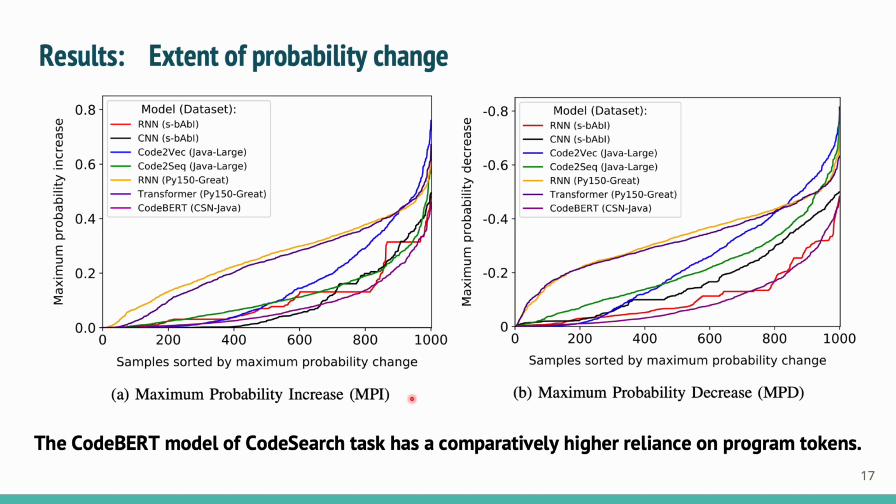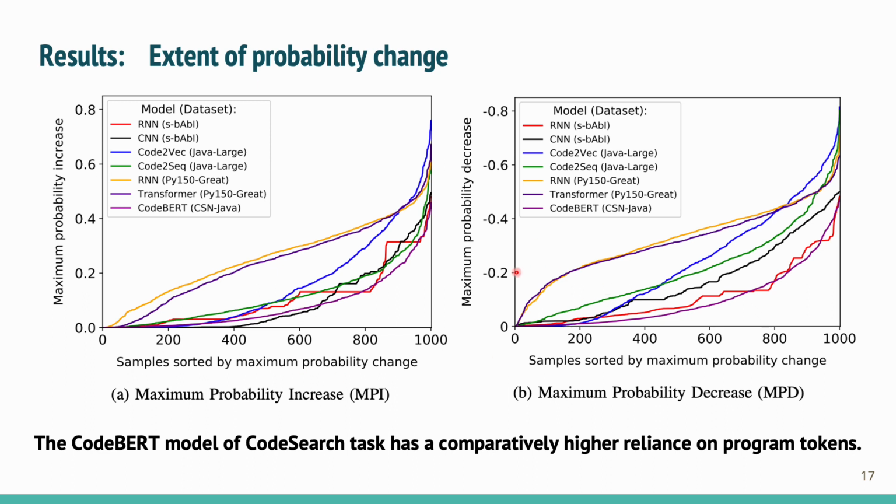We sorted those samples based on maximum probability change to better visualize the extent of probability change among models. Figure A illustrates the highest probability increase observed during the reduction process of the sample, while Figure B demonstrates the highest probability decrease.